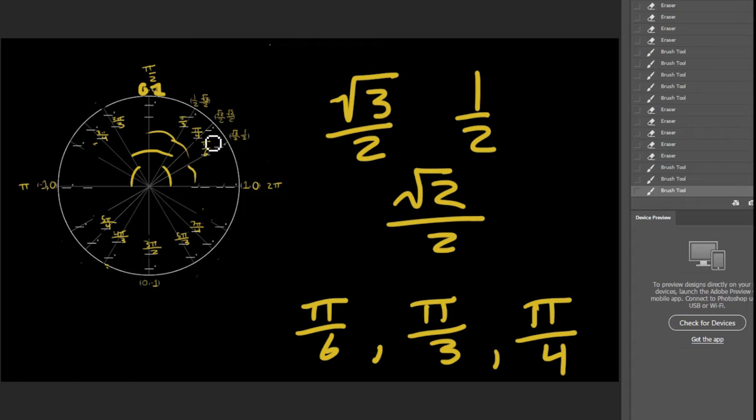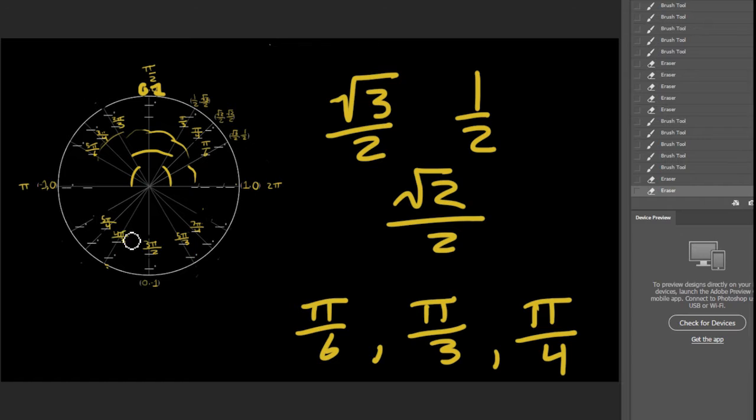So 3 pi over 6 is pi over 2. Jump over here, that's filled. And then jump over here. This should be 5 pi over 6.